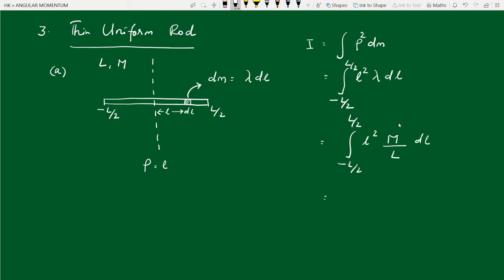So we can integrate this, taking constant terms outside; m and capital L are constant: minus L by 2 to plus L by 2, l square dl.